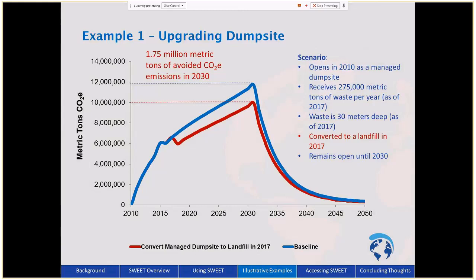And again, after 2030, the emissions will gradually decline out to the year 2050 and beyond.